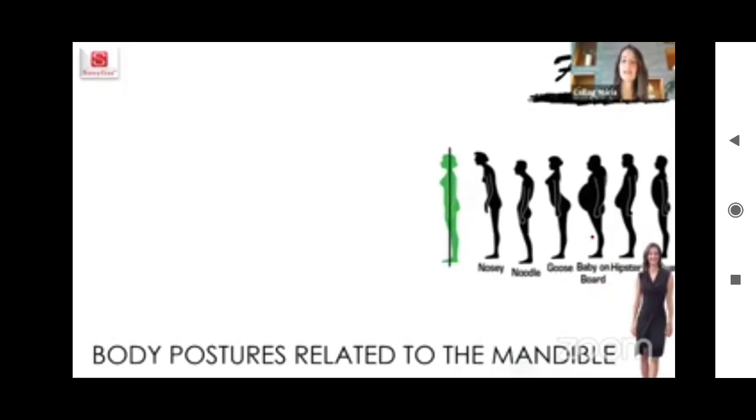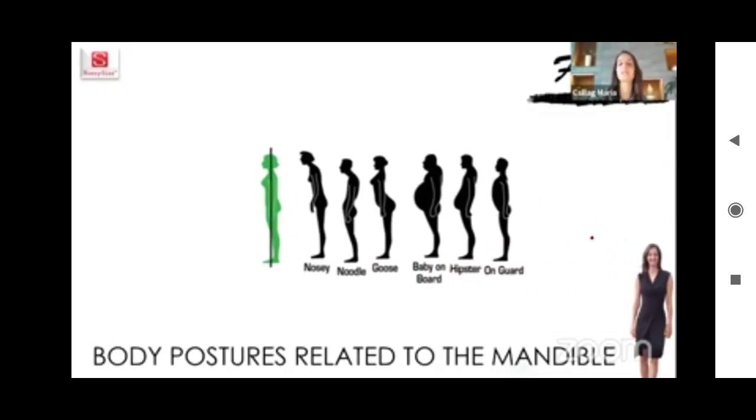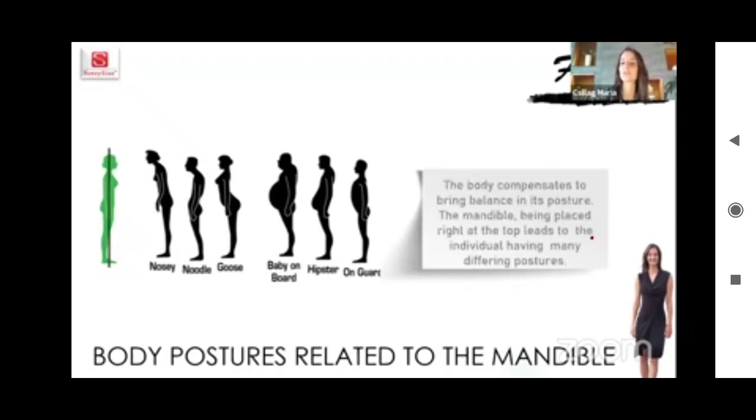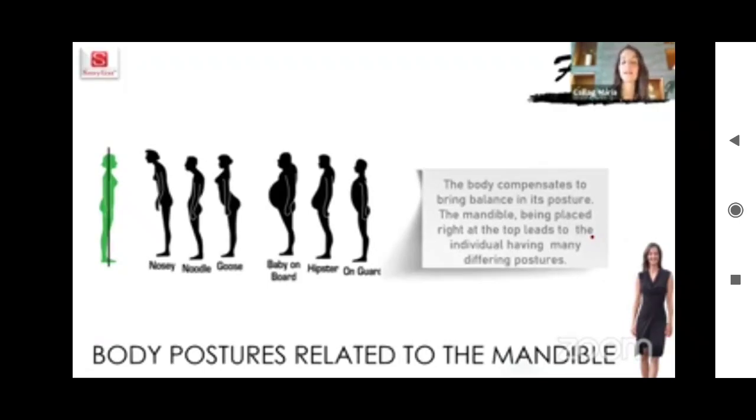Now you can see some posture problems with the patient. These are nosy, goosey, baby-on-board, hipster posture, or on-guard posture. These are the postures showing how the body compensates for a mandible displacement.